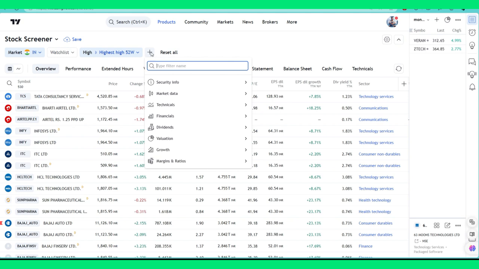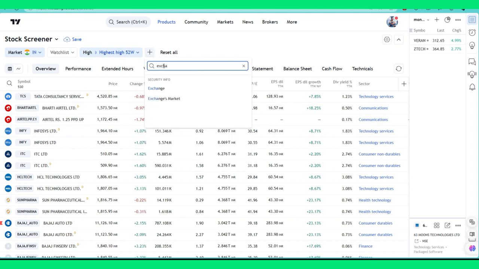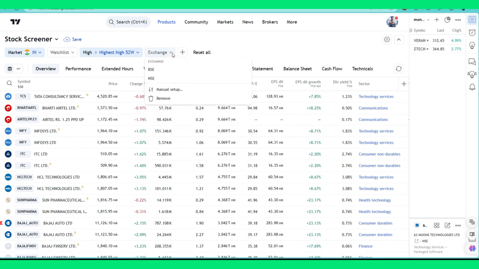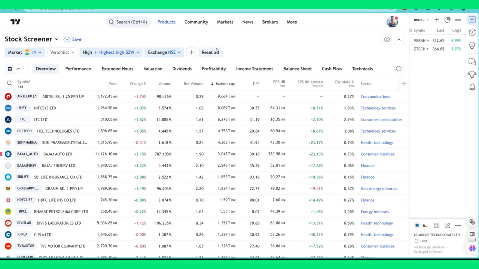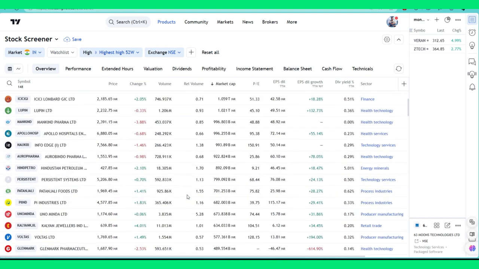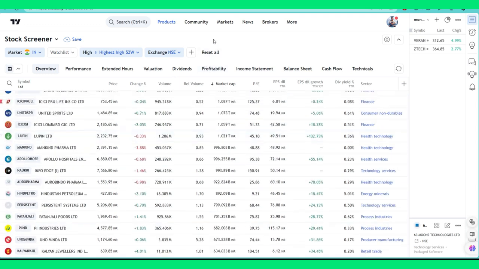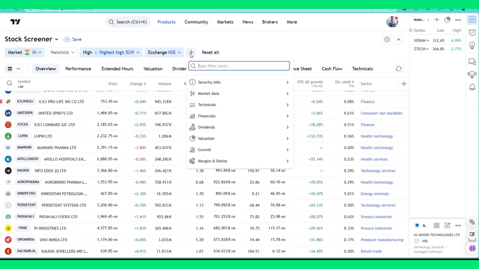Now I also observed that it has got stocks from both NSE as well as BSE, so that will be our next filter. We want only NSE stocks. If you want to choose BSE, you're welcome. Now we see that there are some ETFs and extra on this, so we will add a price and a volume filter.